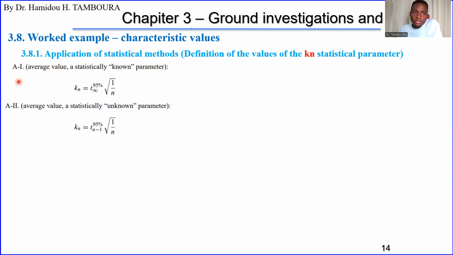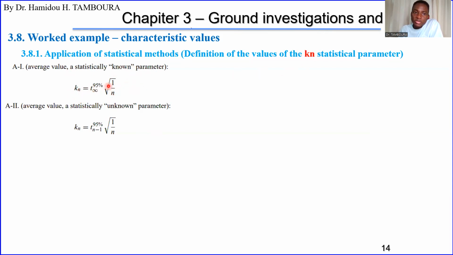If you have the average value, do you remember this distribution, normal distribution? If you are dealing with the average value and you have a statistically known parameter, I will explain this known or unknown. This is the formula to obtain the Kn.